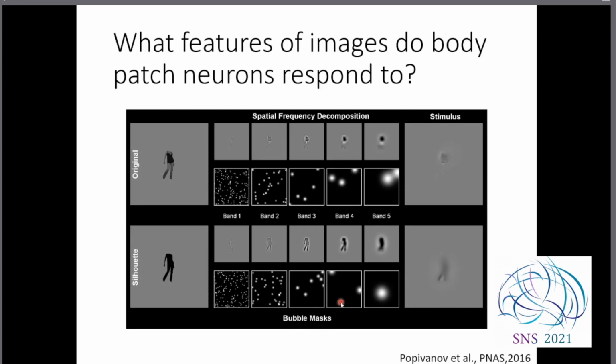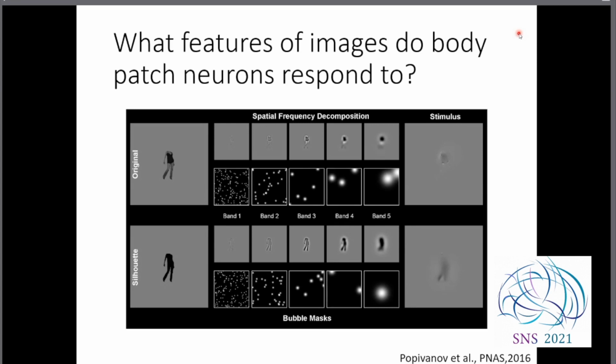We did a couple of experiments addressing that, which gives a partial answer. In one of the experiments, which I'm going to review briefly here, we used the so-called Bubbles technique, developed by Philippe Schyns many years ago in the context of human psychophysical experiments, and later employed in analyzing EEG and MEG data.